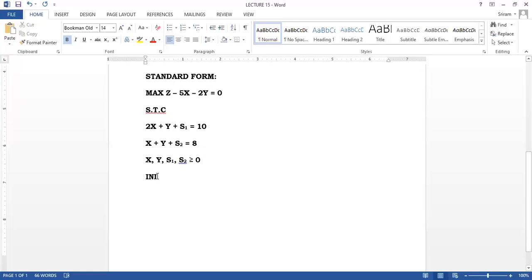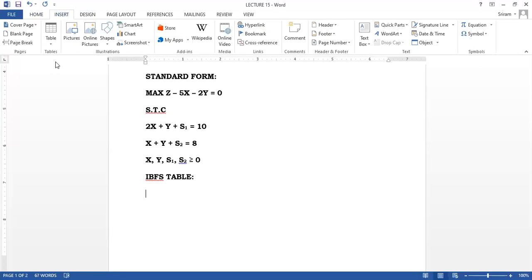In the exam, if you write just IBFS table, that is enough. But the meaning of IBFS is nothing but initial basic feasible solution. Now for the initial basic feasible solution, we are going to form a table.